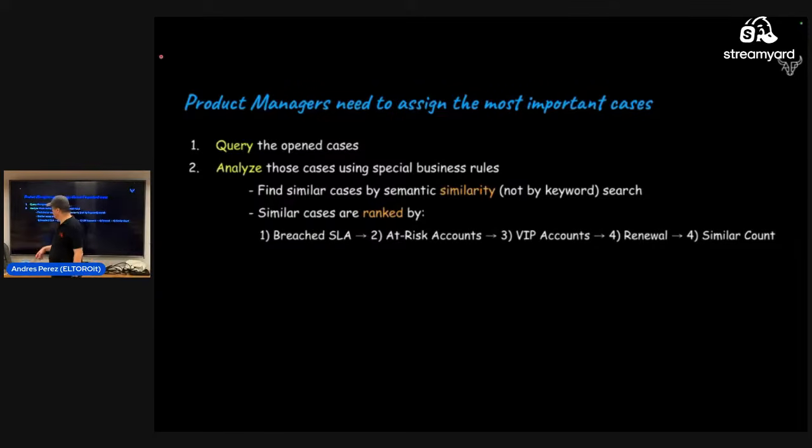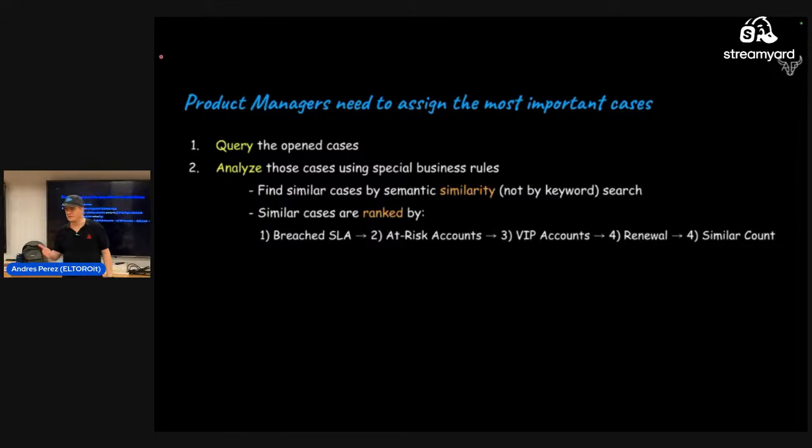So what we're going to do is find cases that are similar. How do we know if 2 cases are similar? Easy. Do they have the same words? But that's boring. In the AI world, there's a much better way of doing that comparison, and that is to ask the LLM which of these ones are similar. That's what LLMs are really good for.